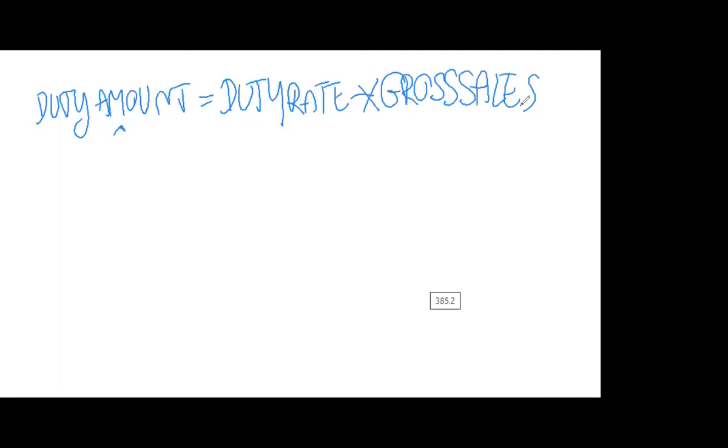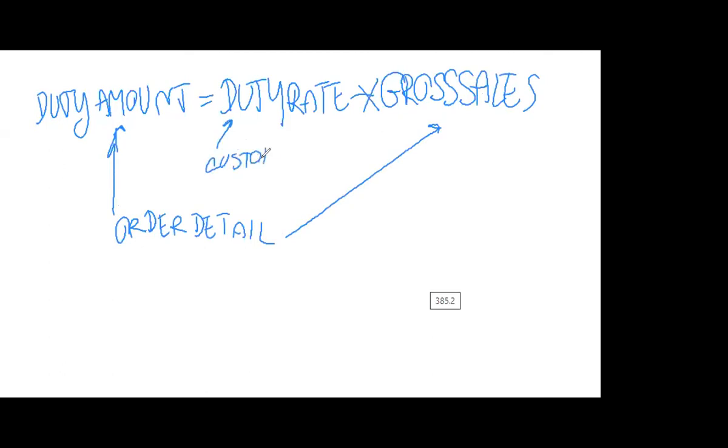We know that duty amount we want to be in the order detail table. Gross sales is also in the order detail table, but duty rate is stored in the customer table. The multiplication or the formula like this in DAX might not work properly.